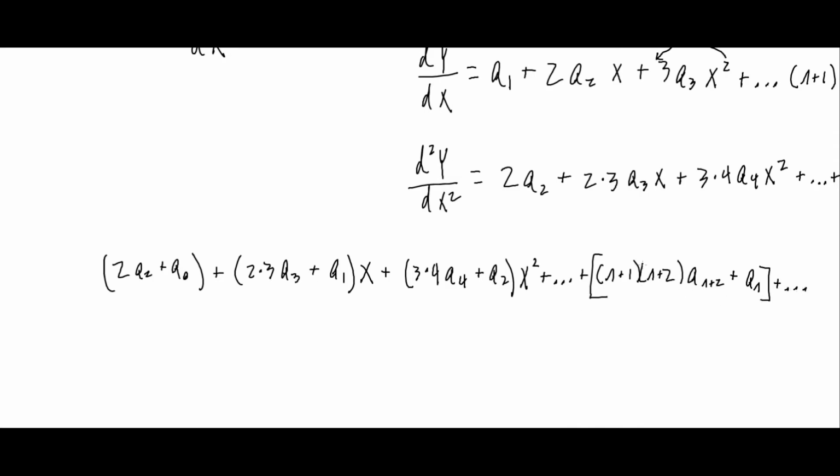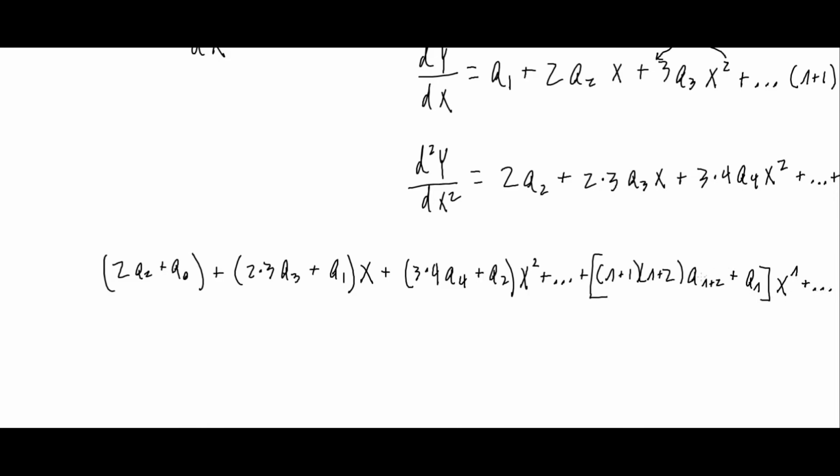So this is sort of the general form. Actually, this should still have an x, and that will be an x to the n going off to infinity.